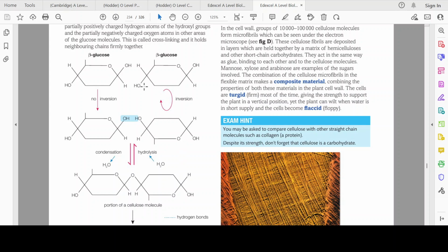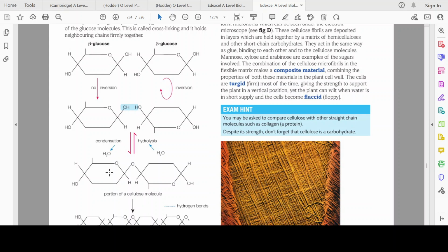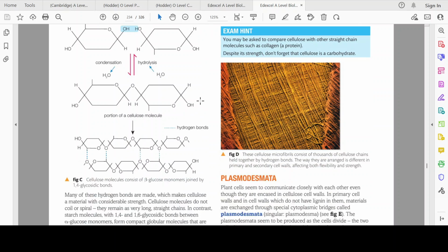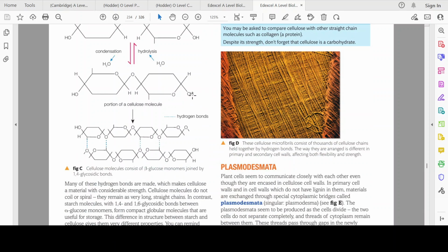And so the OH group that was down here on carbon number 4 is now up and aligning with the OH group of carbon number 1. We're going to have a condensation reaction and a glycosidic bond forming. And so the next beta glucose molecule will be just fine as it should be.